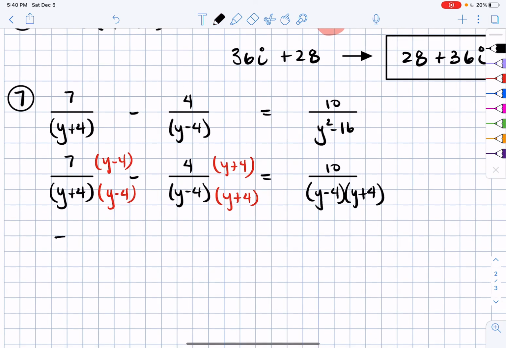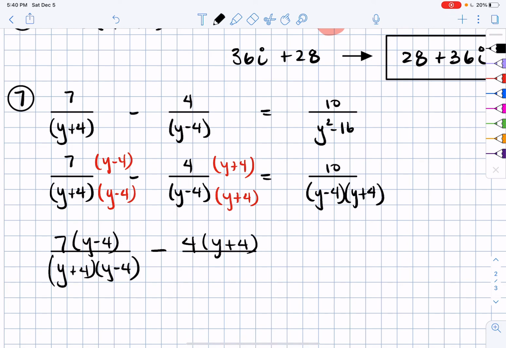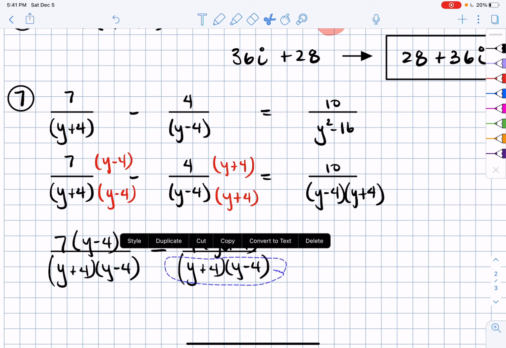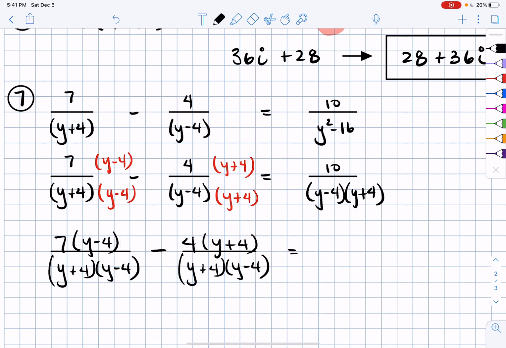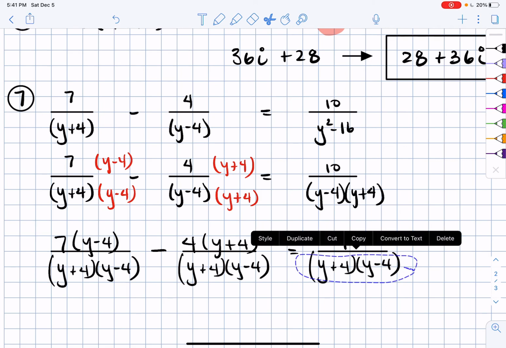I have now a 7 times y minus 4 over y plus 4 and y minus 4, minus 4 times y plus 4 over y plus 4, y minus 4, which is equal to 10 over y plus 4, y minus 4.